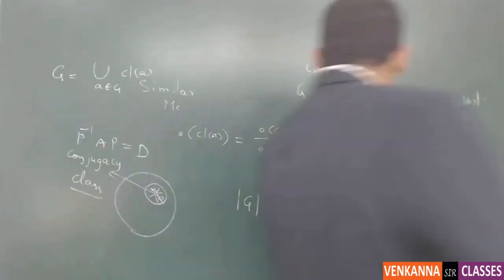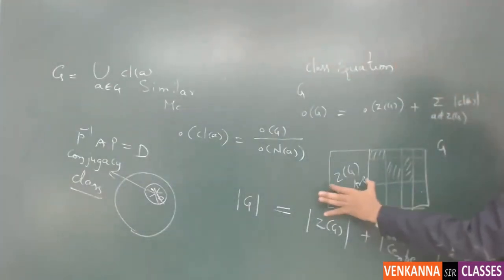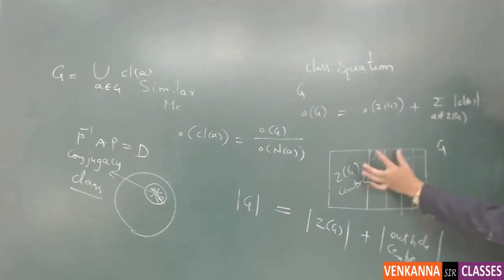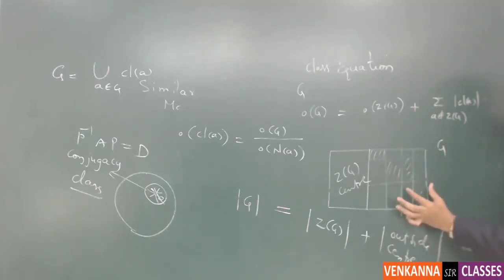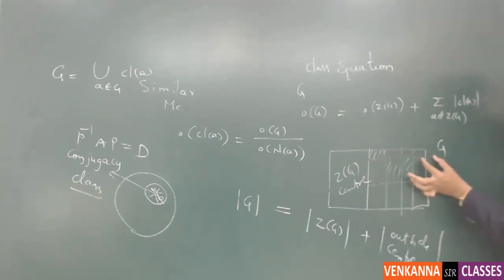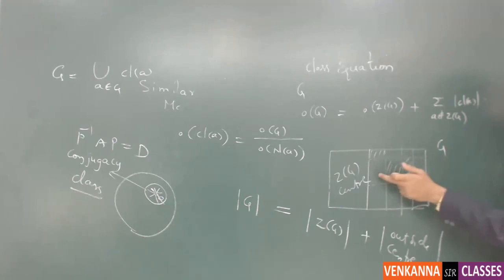So this is the center of the group. This is the remaining part of the group. This remaining part is bifurcated into small sections, parts. So if you want to know the order of the remaining part, you need the order of each section, how many elements here, here, here, and here. So you are calculating the number of elements in the conjugacy classes, which are outside the center.